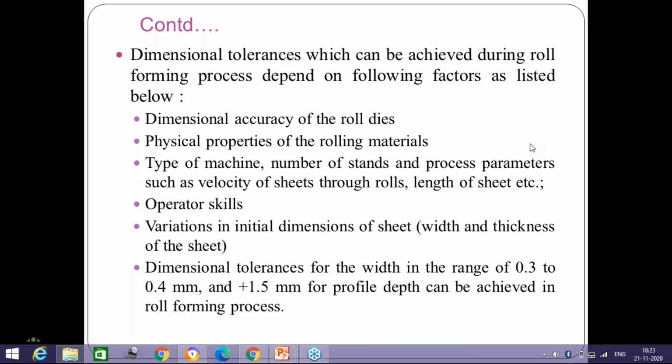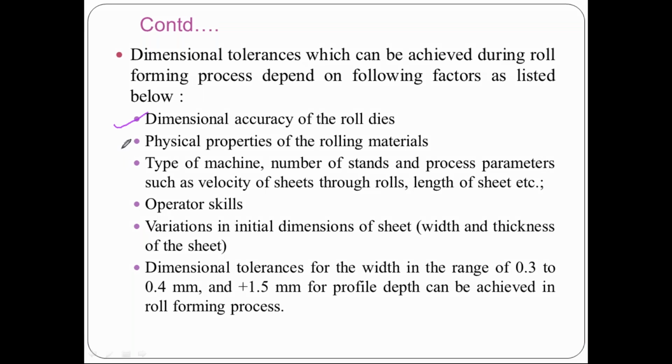Dimensional tolerances for the width in the range of 0.3 to 0.4 mm and plus or minus 1.5 mm for profile depth can be achieved in a roll forming process. So the dimensional tolerances basically depend upon these factors, and we have to summarize all the factors on which the dimensional tolerances are dependent.